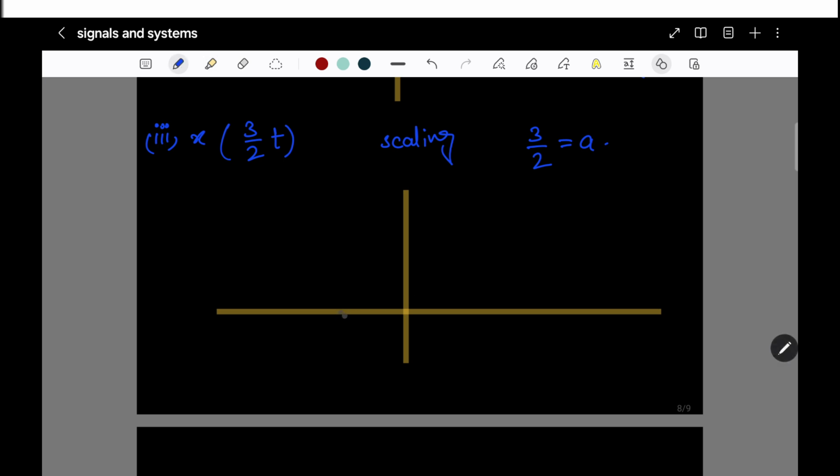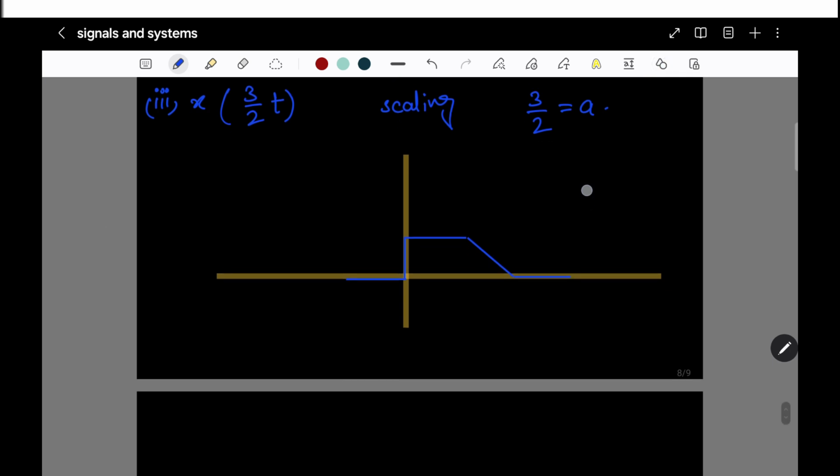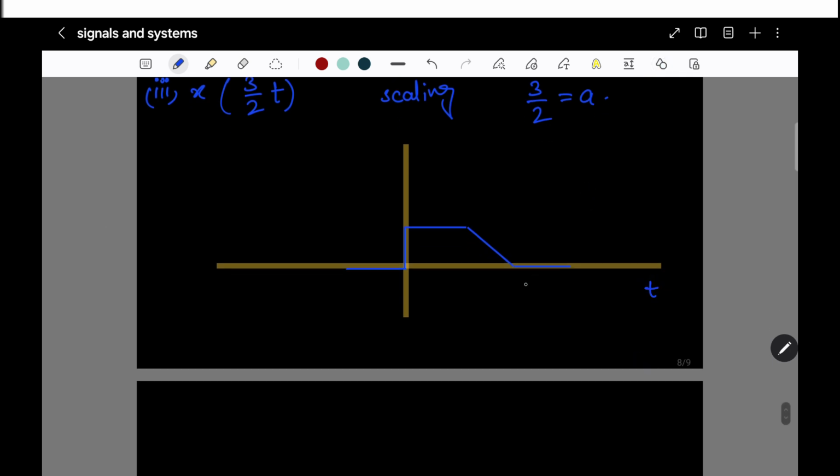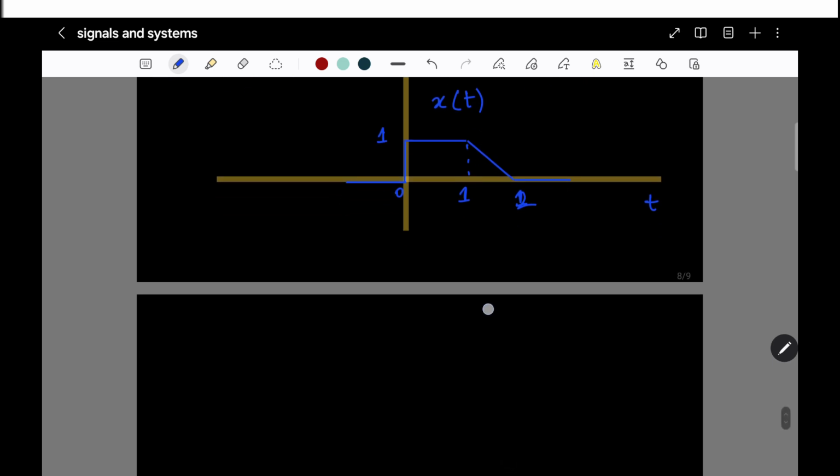So the original signal is given by this stuff, in which this is the time axis, this is 1 and this is 2, this is 1, and this is x of t, this is 0, and here you have 0.